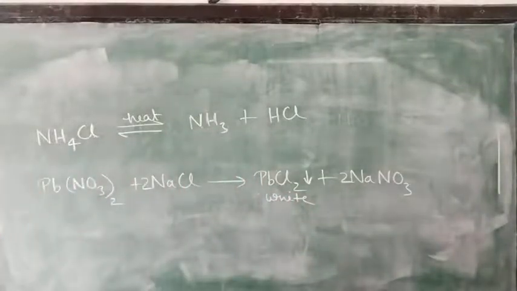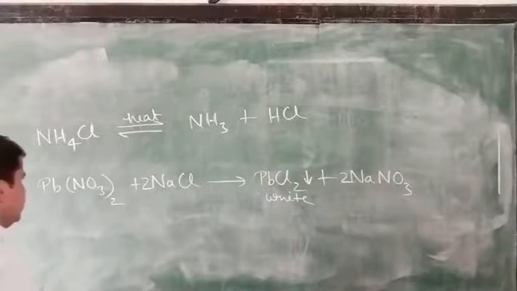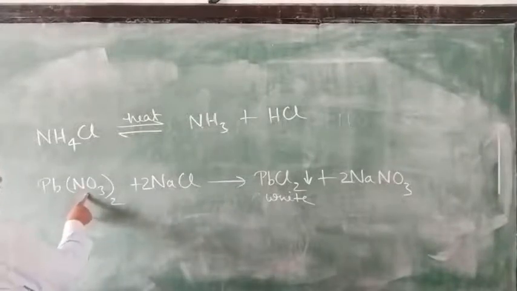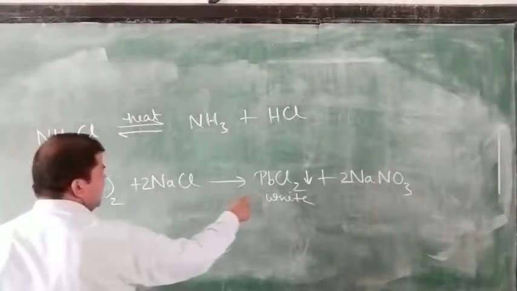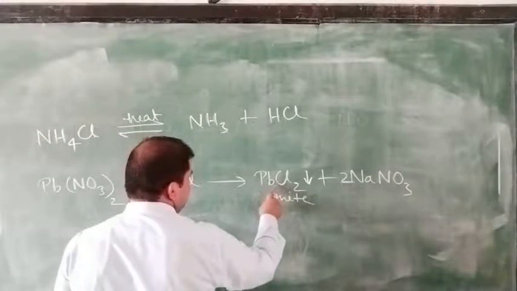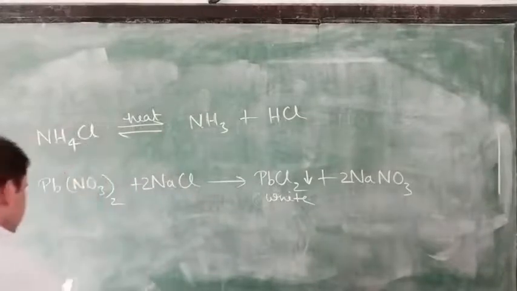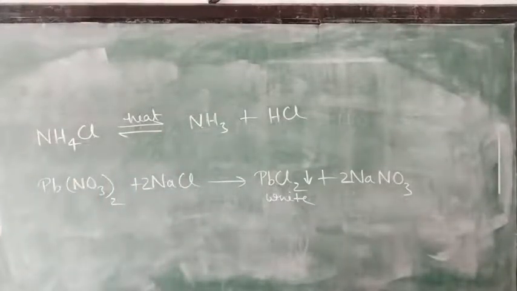So here in this question number 5, soluble lead salt to an insoluble lead salt found as white precipitate. So here lead nitrate, this is the soluble salt. Here with the sodium chloride we get the insoluble salt. This is PbCl2, the precipitate of white color. After this, one more we can write.